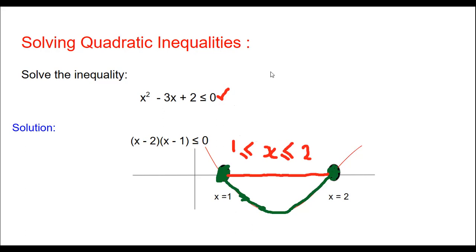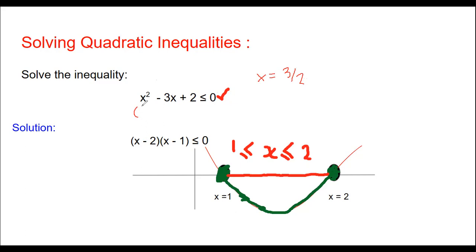Let's try x equal to, let's say, 1.5, which is just 3 over 2. Okay, so just substitute this 3 over 2 into the left hand side.